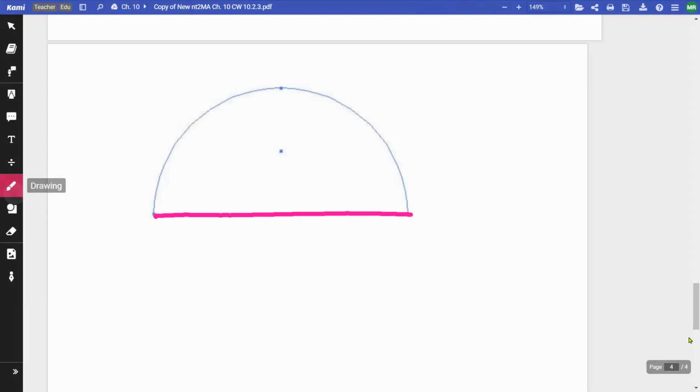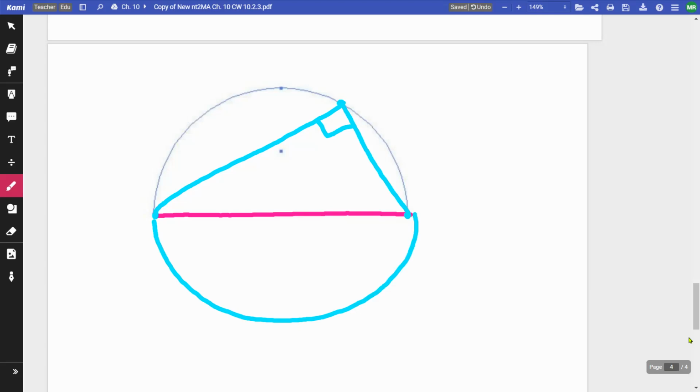Any inscribed angle, okay, I don't care where the point is, say it's over here, if that inscribed angle ends up reaching the endpoints of my diameter, you will always get a 90-degree angle here. Why? Because it's going to be half of the other side of this circle, which would have been 180 degrees. Okay, that's always the situation.